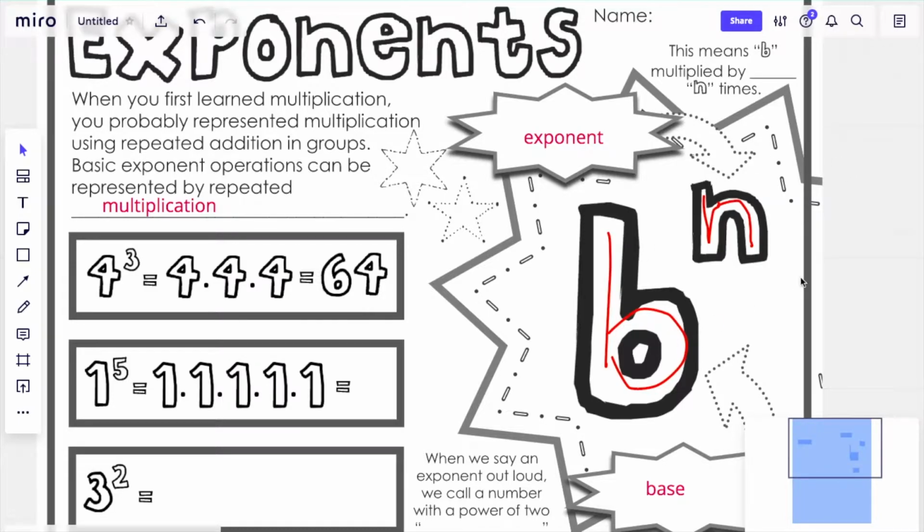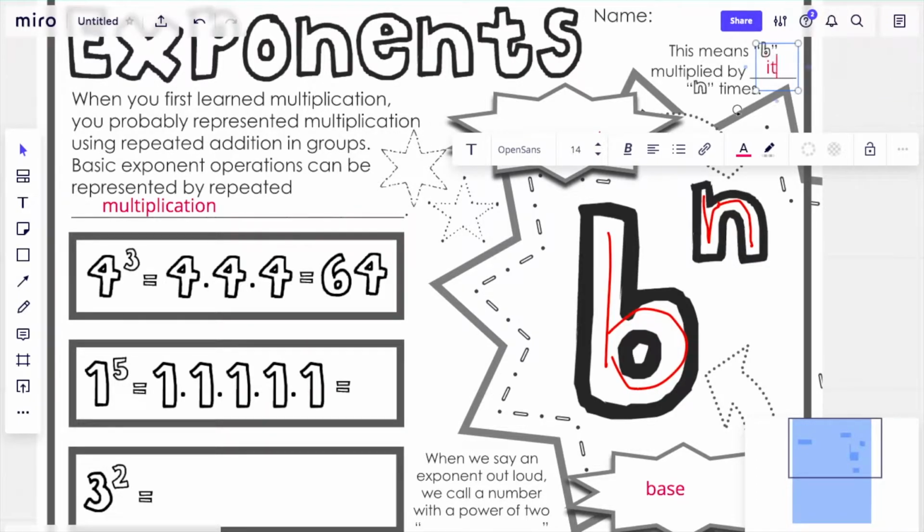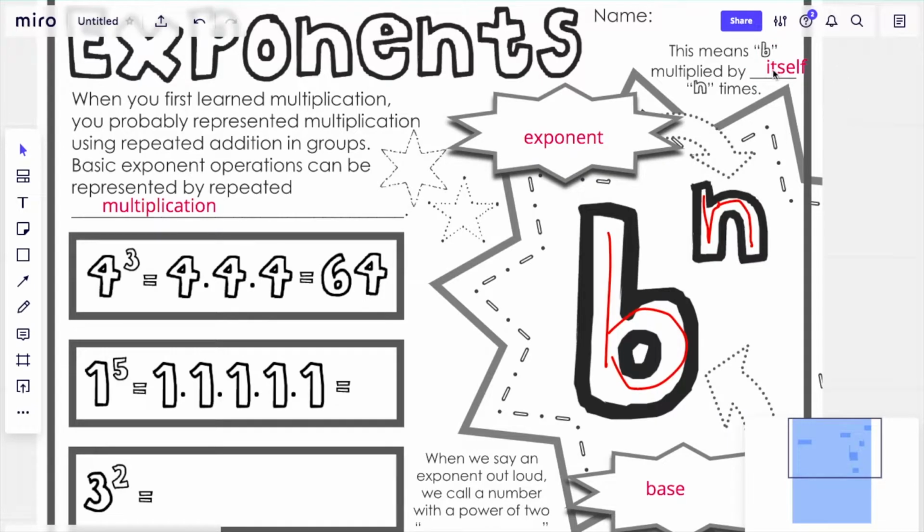So what the exponent does is it tells us how many times we multiply b, or the base, times itself. So b is multiplied by itself n number of times. So what that looks like is, if we look at our first example, we have 4 to the power of 3, or 4 times 4 times 4.